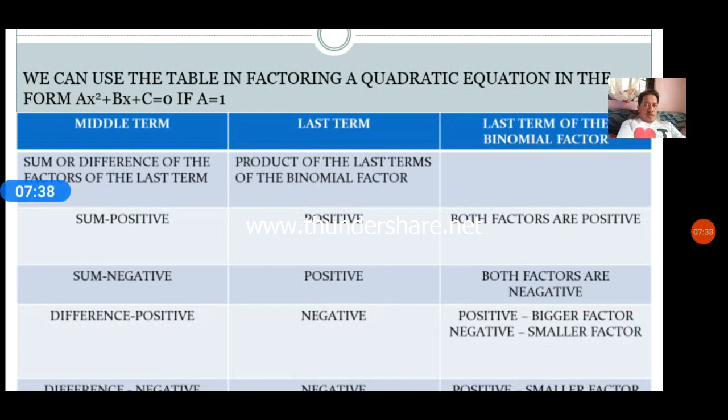The sign of the last term tells us that the middle term is either the sum or the difference of the factors of the last term. So again, if the last term is positive and the middle term is negative, both factors are negative.